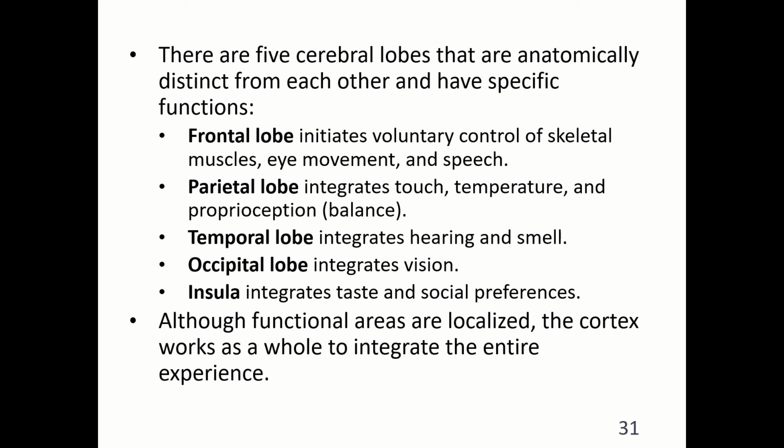The parietal lobe integrates touch, temperature, and proprioception, which is balance. The temporal lobe integrates hearing and smell. The occipital lobe integrates vision, and the insula integrates taste and social preferences.